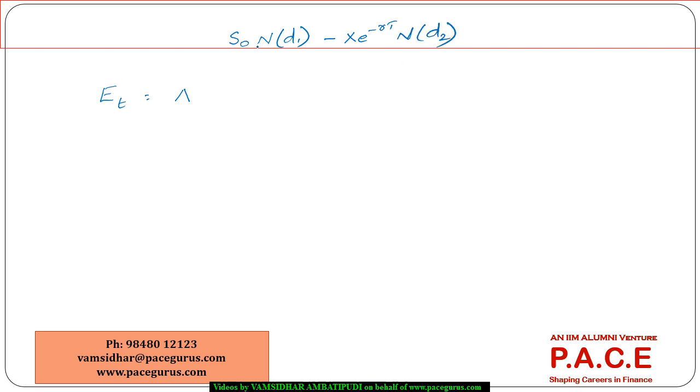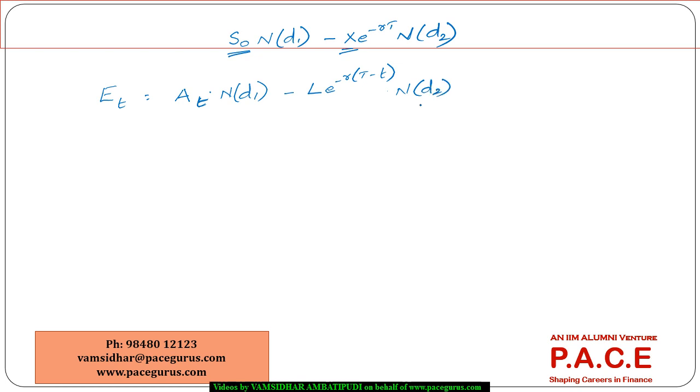Here S naught is nothing but A_T, the value of the asset at time T. N(d1) I can compute in the same way, minus X, the strike price. Here the strike price is the value of the liability, so L e to the power minus R(T minus t) N(d2).